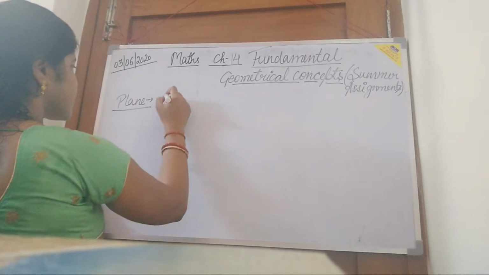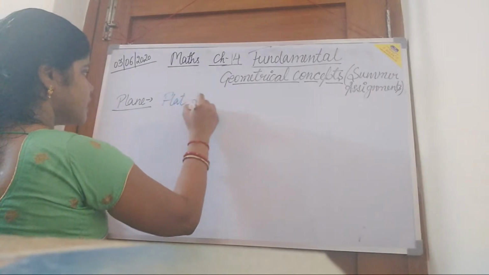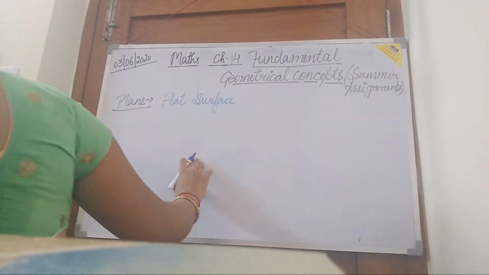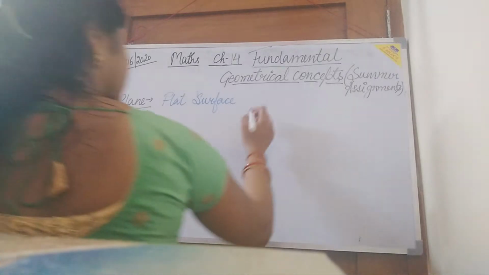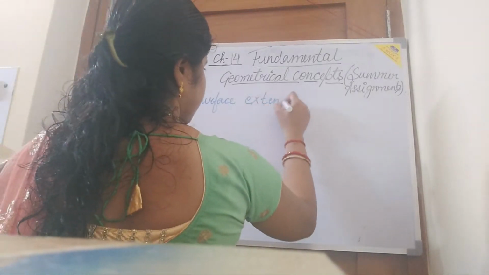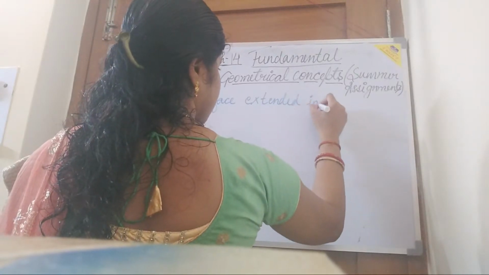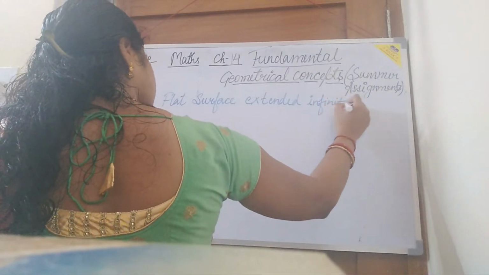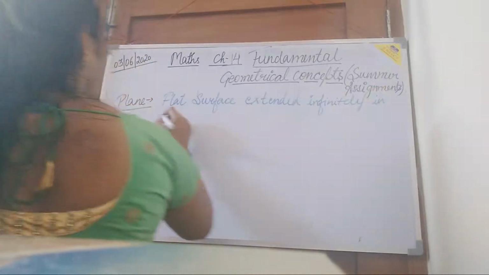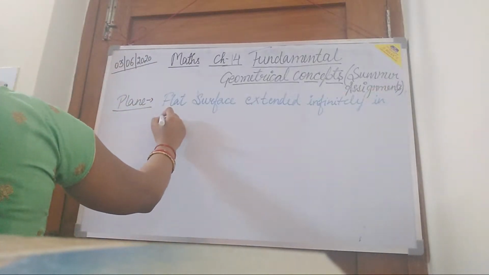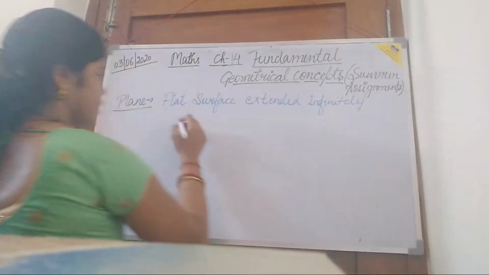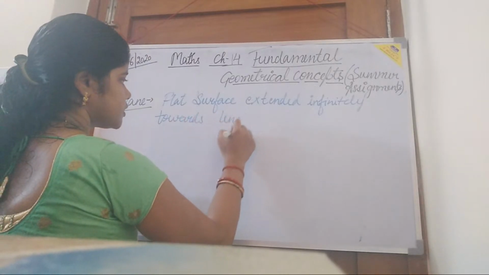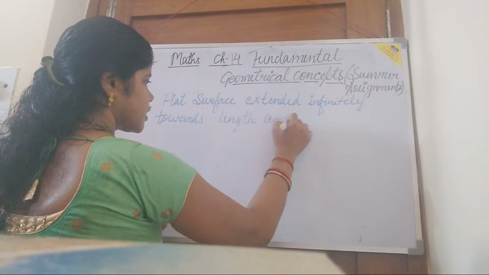A plane is a flat surface, just as this is a flat surface, extended infinitely towards length and breadth.